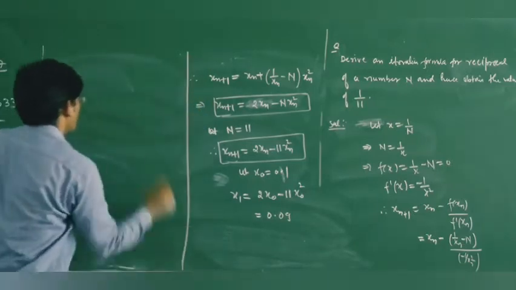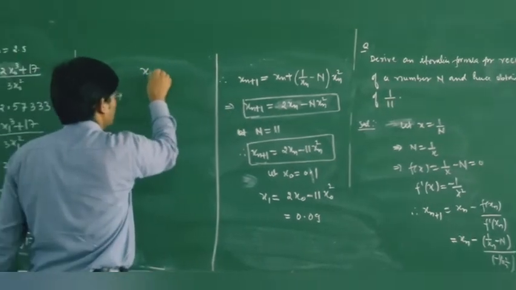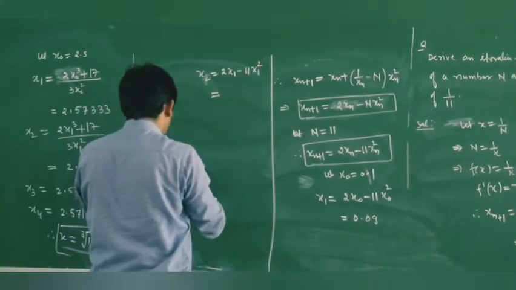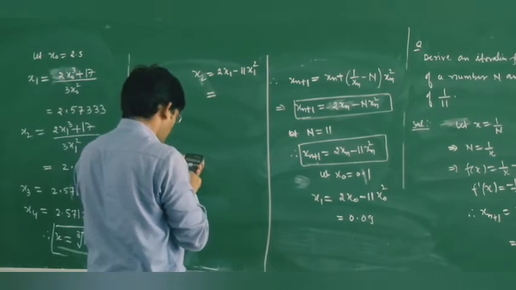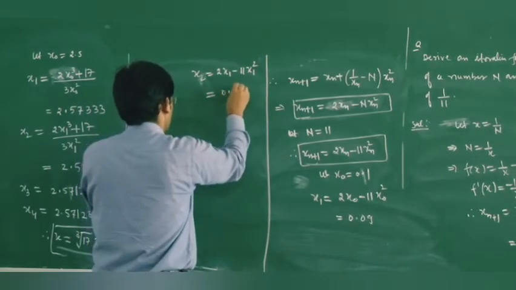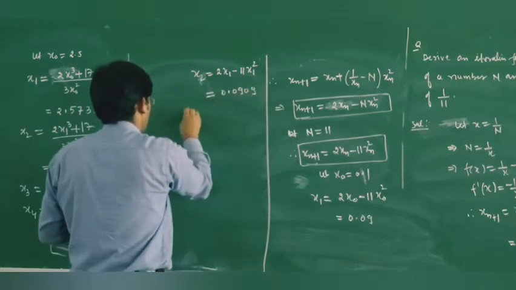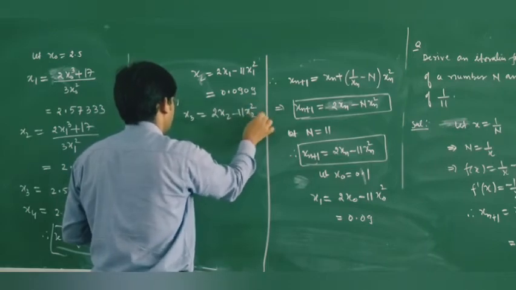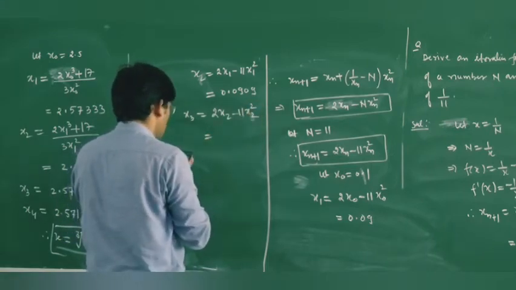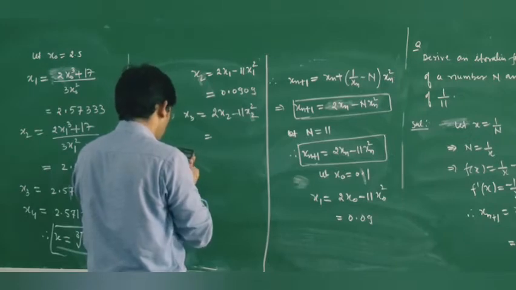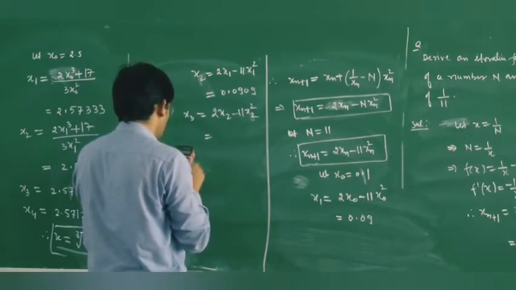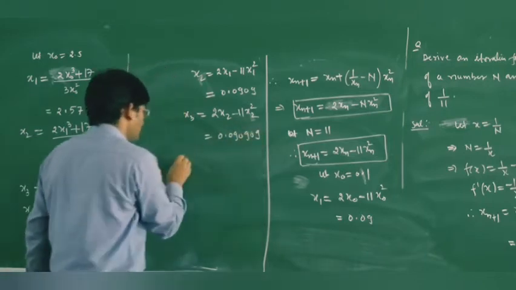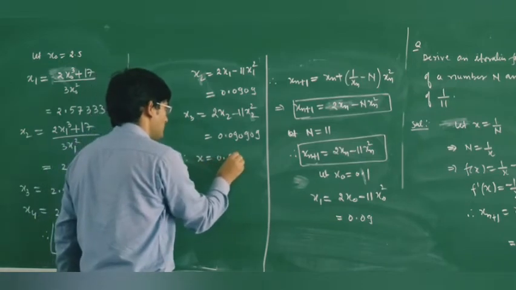Your x2 will be equal to 2 times x1 minus 11 x1 square, and this is equal to 0.0909, and your x3 will be equal to 2x2 minus 11 x2 square, and it is equal to 0.090909. So you can see that your x is equal to 0.0909.